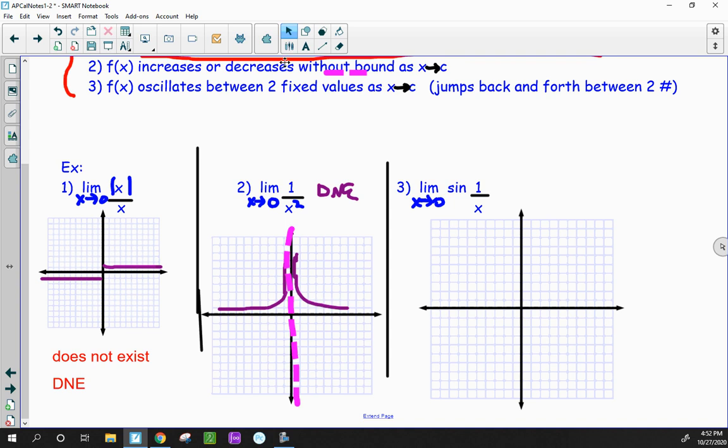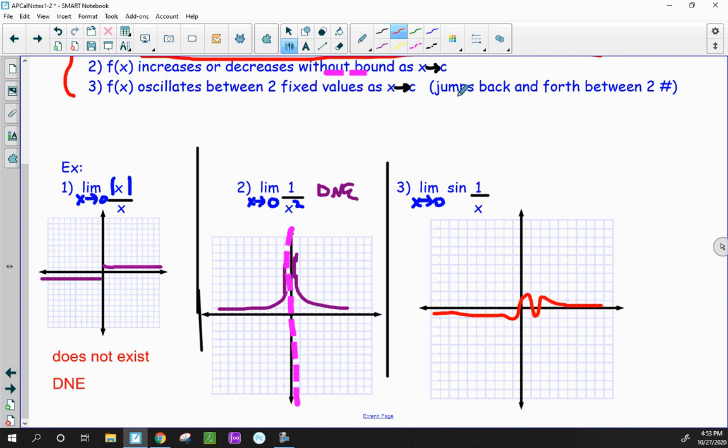Once you type it in correctly, make sure you are doing this at home so you can see what I'm seeing. It's doing weird things. It's jumping, and then I see it going down here, and then back up, and then coming back towards the x-axis.